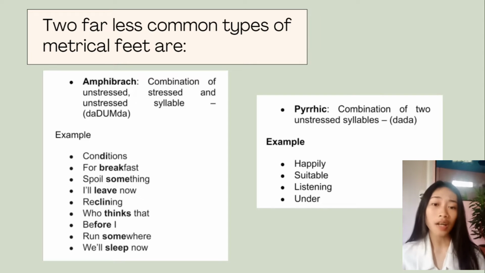Amphibrachs are a form of meter that is less commonly used in poetry. But when a writer does include the syllabic pattern in their writing, it creates a very musical sounding rhythm, one that appeals to those writing ballads.